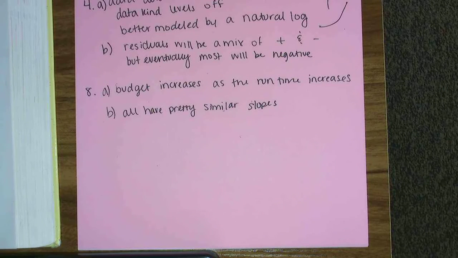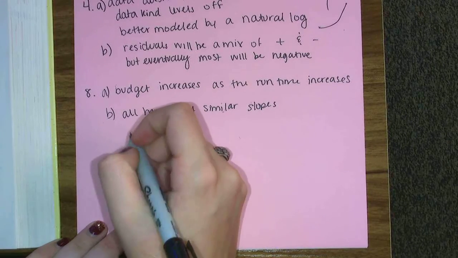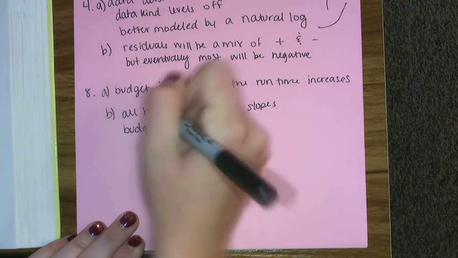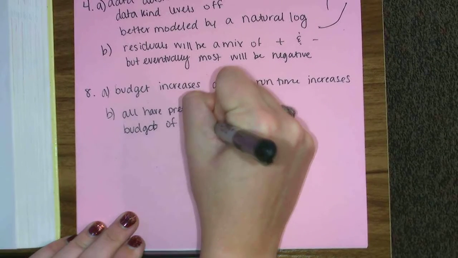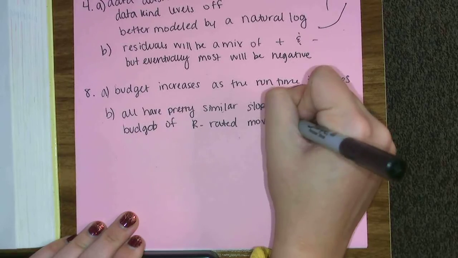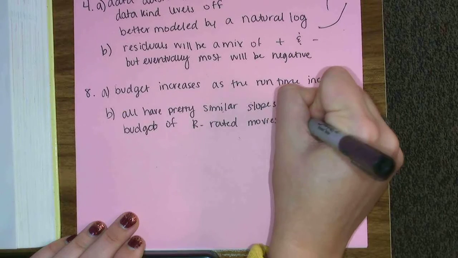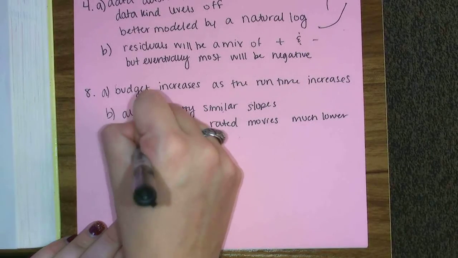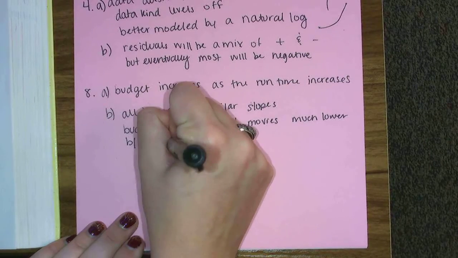You can look at the dots, but primarily look at the lines because that's an average of all your data. So, basically, the budget of the R-rated movie is much lower because it has a lower starting budget.